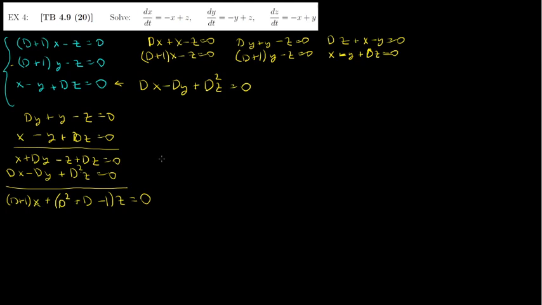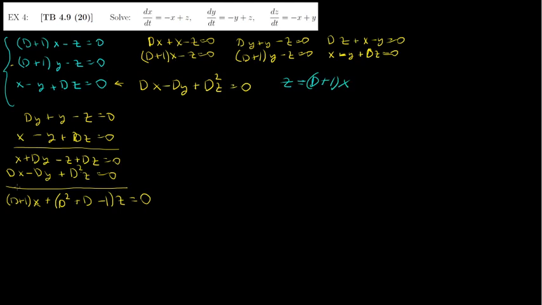Somehow we want to eliminate either x or z here. Well, we know what z is, from the first equation: z is really just (D plus 1) of x. So plug that in here, and what do we get?